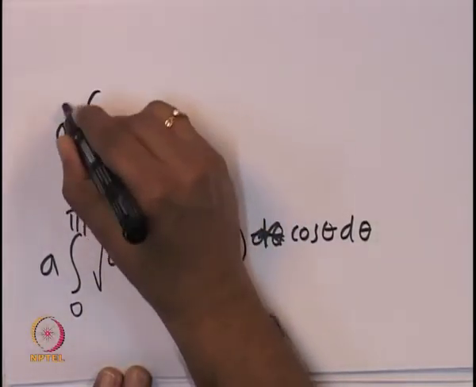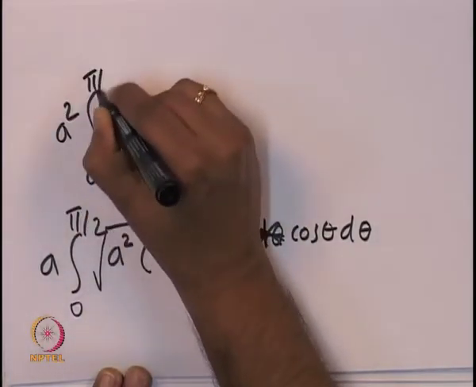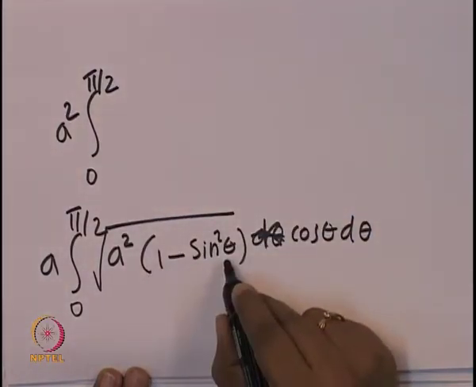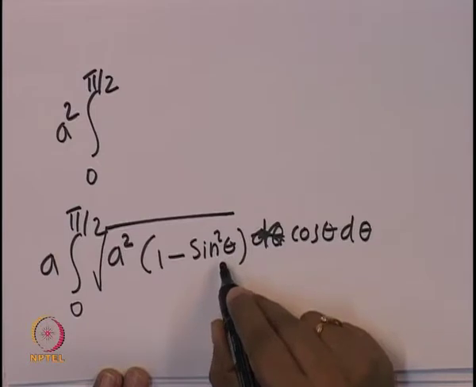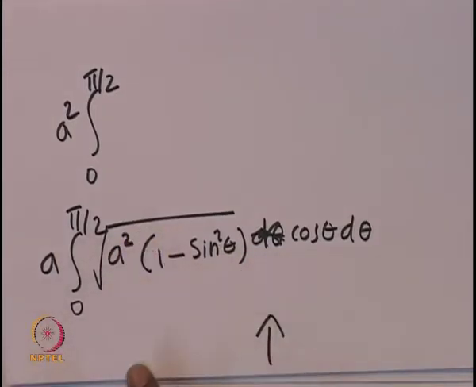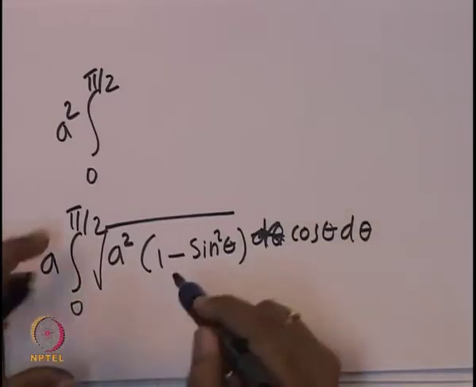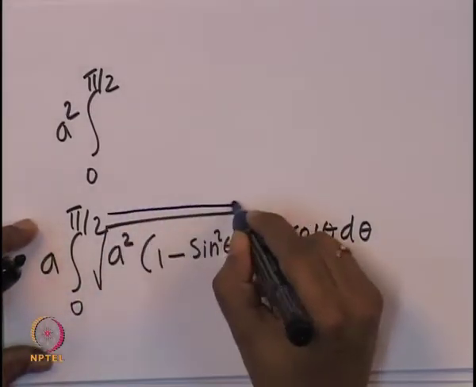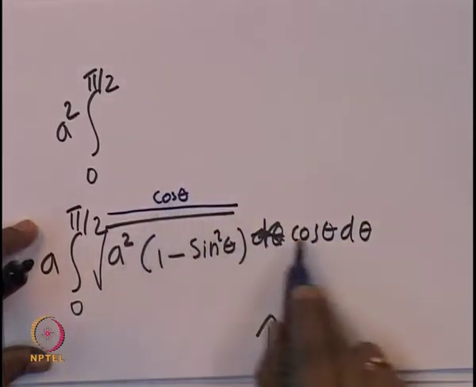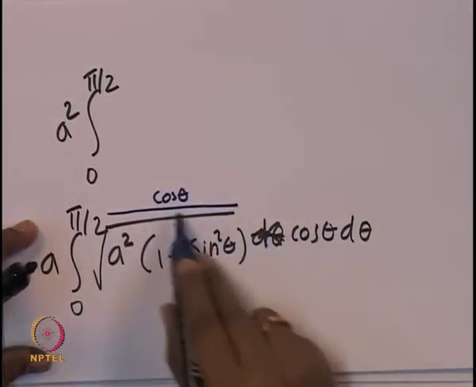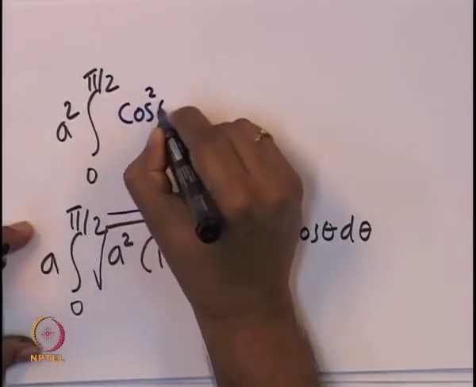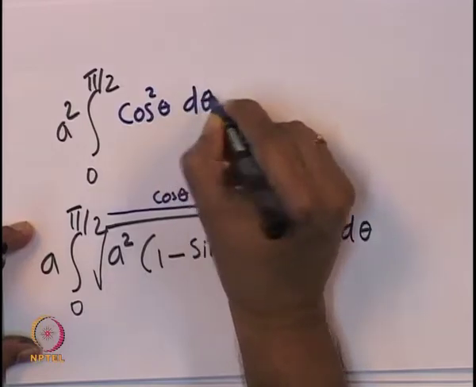So I have a square, integral from 0 to pi by 2, root of 1 minus sin square theta, times cos theta d theta. 1 minus sin square theta is cos square theta, and root of cos square theta is cos theta. So you have one cos theta here and another cos theta here. Cos theta into cos theta is cos square theta, so what you have is cos square theta d theta.